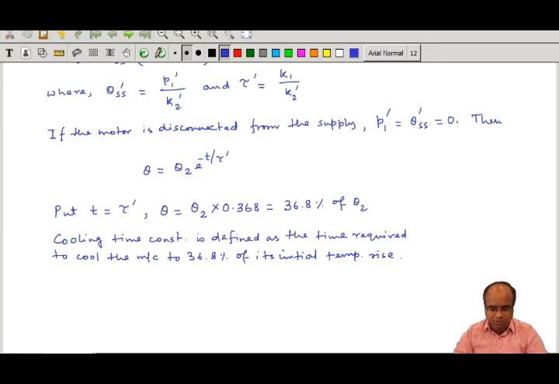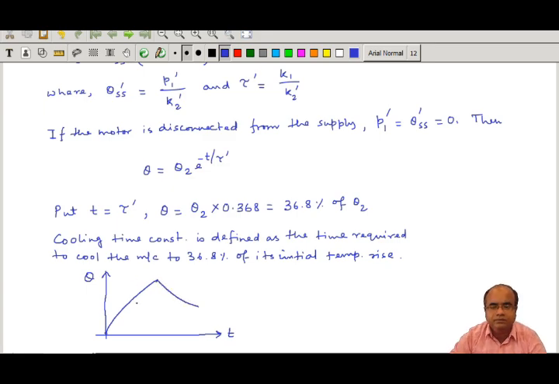Now if I draw the heating and cooling characteristics, it looks like this. This is exponential in nature, heating, and cooling is also exponential in nature.